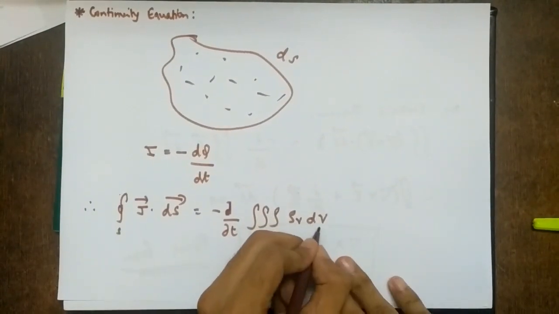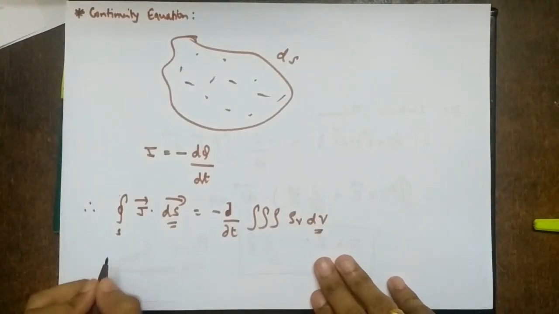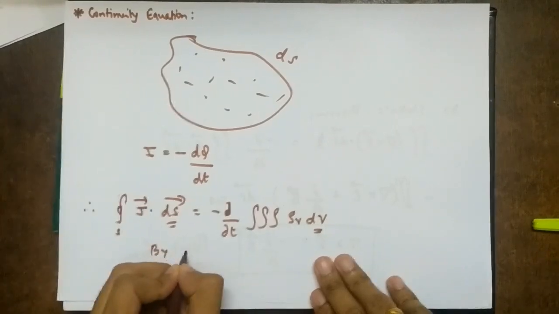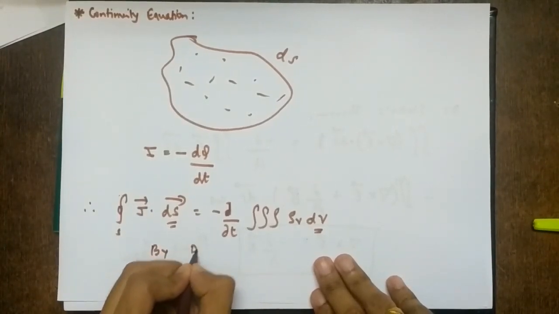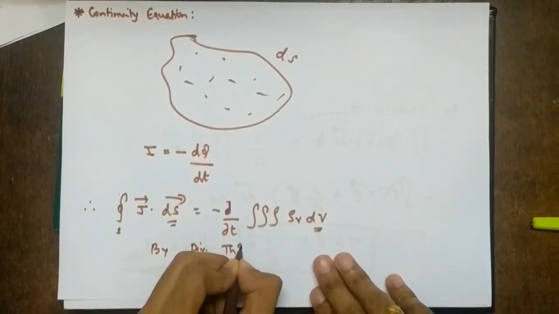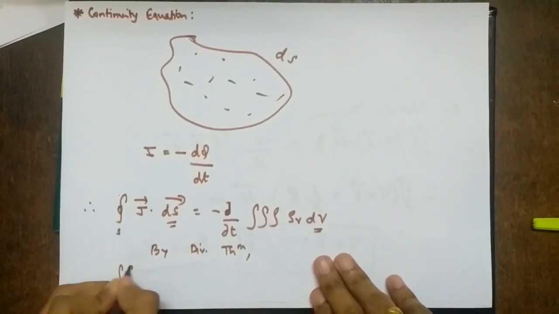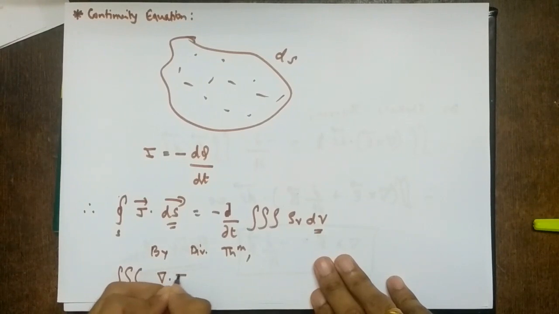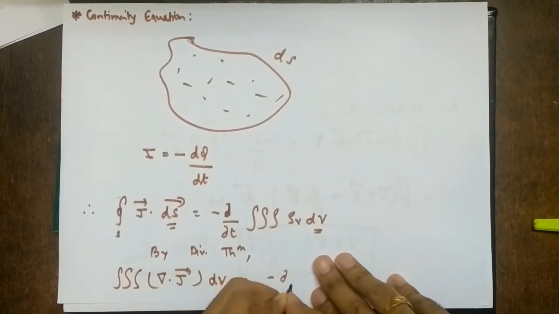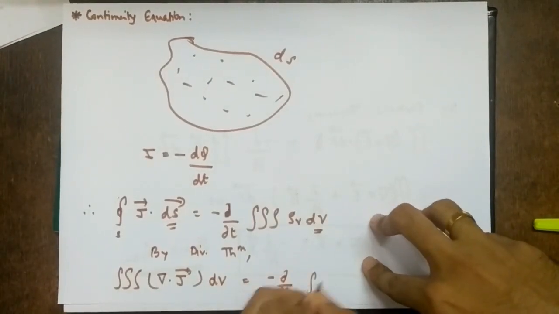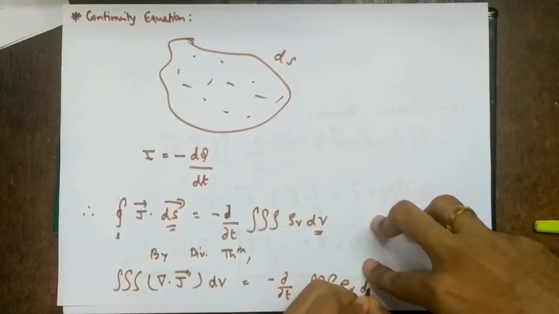So now, since this is a volume integral and this is a surface integral, what do we do to convert it to a volume integral? We use the divergence theorem. By the divergence theorem, this will become the volume integral of del dot j vector dv equal to minus d by dt of the volume integral of rho v dv.